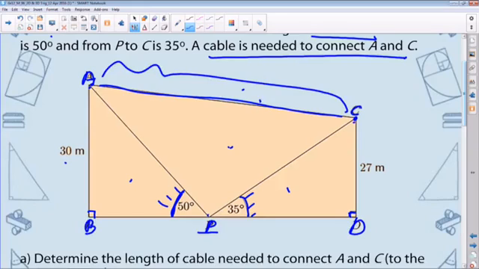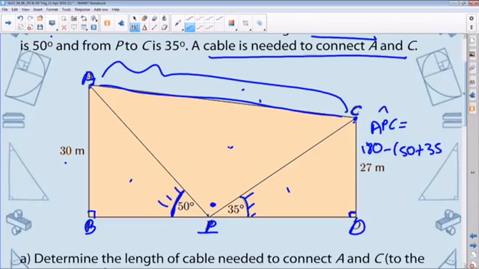Now, if I need to work out a length, obviously I'm going to need an angle in triangle APC, and we can quite easily then work out that this angle APC, using angles on a straight line, will be 180 degrees minus (50 plus 35).